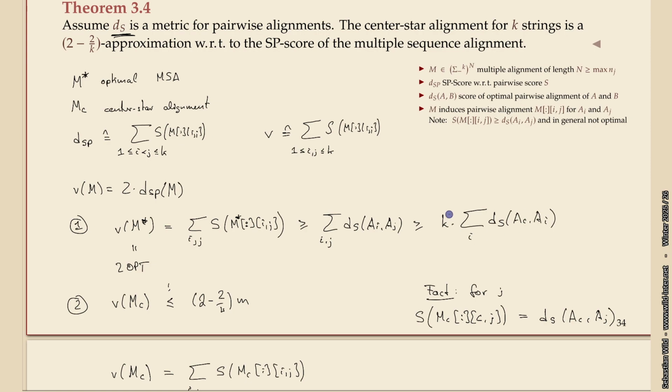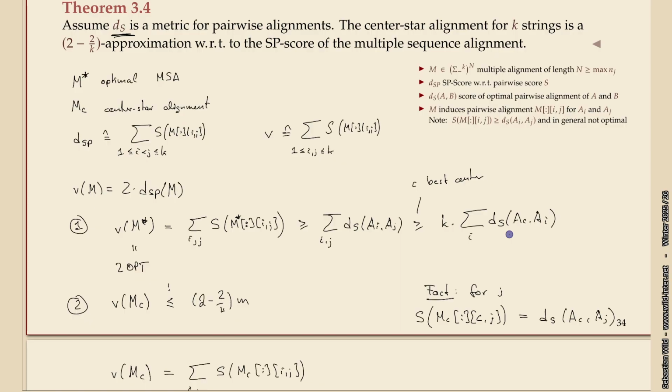So I can hold any j constant and sum over all the others. I'm picking one of the j's as my potential center. Then what remains of the sum is summing up the distances to all the other things. I'm summing up all the distances, holding one fixed, the distances to all the other elements.